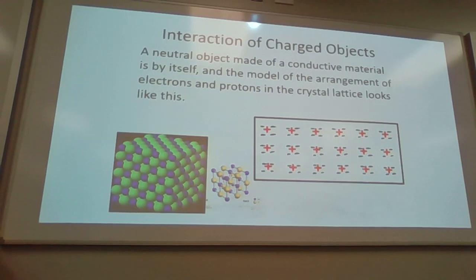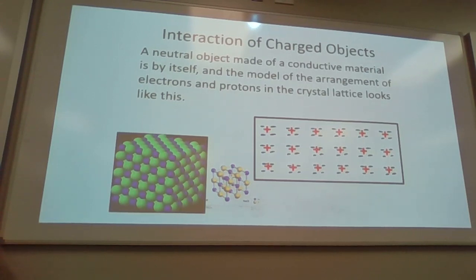In chemistry, you focused on a single atom or a single molecule, like when you're drawing your Lewis dot structures. In physics, we care more about a macro-sized object that you can see, hold, and feel, which has trillions of atoms and molecules.